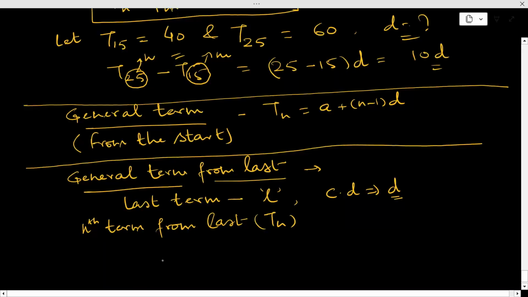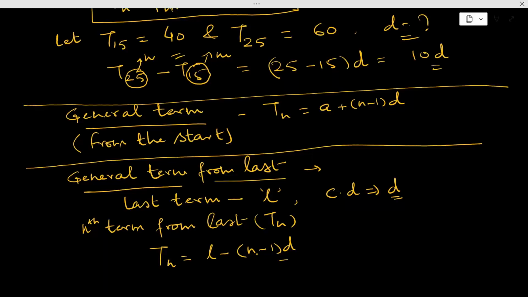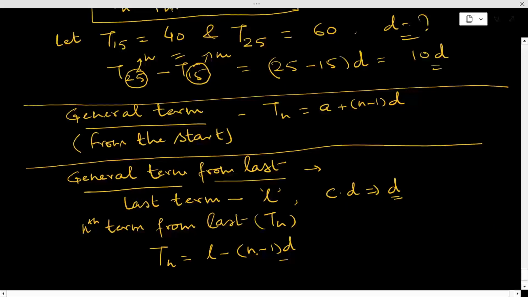So what is the formula in this case? That will be Tn is equal to L minus n minus 1 into d. Okay, so this is the formula of the general term from the last. Fine.